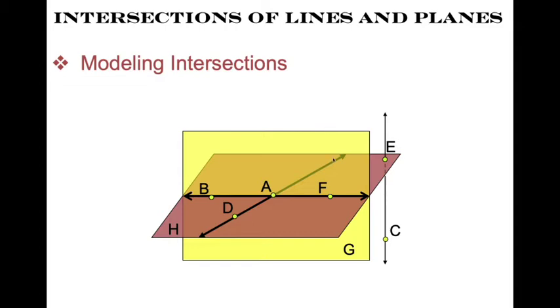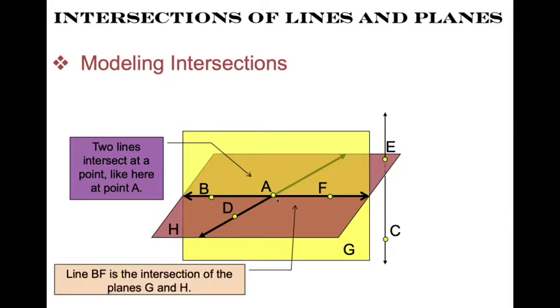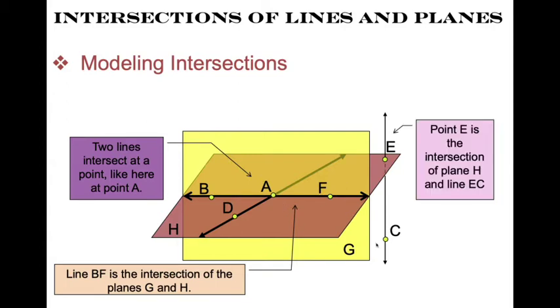Then you have another line, EC, intersecting the plane as well. So you've got two lines that are intersecting at point A, and you've got a line BF from there to there, which is intersecting planes G and H, because the two planes by themselves were intersecting at this area here, and there is a line also that intersects both the planes.